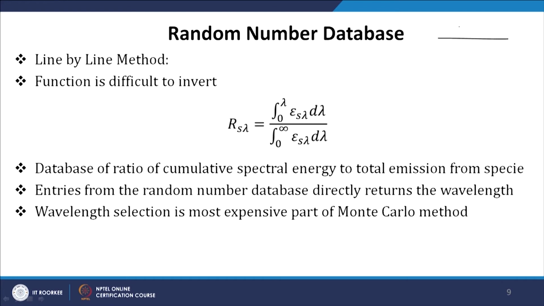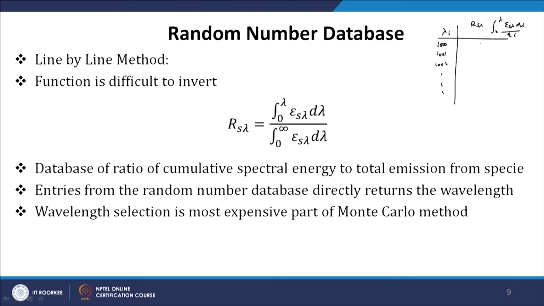On one side we have lambda, let us say starting from 1000 micron or whatever units, 1001, 1002 and so on. So, in this table we have wavelength, and on the right hand side we have the fraction of energy of a particular gas in a wavelength range, that is the cumulative distribution, the integral from 0 to lambda of epsilon s lambda d lambda, divided by epsilon I or epsilon s.